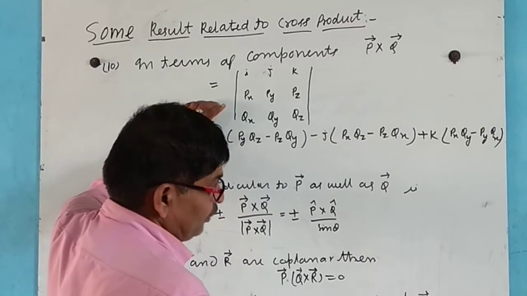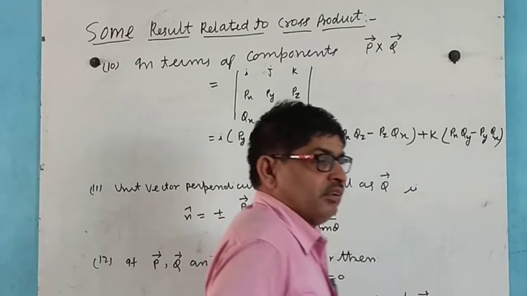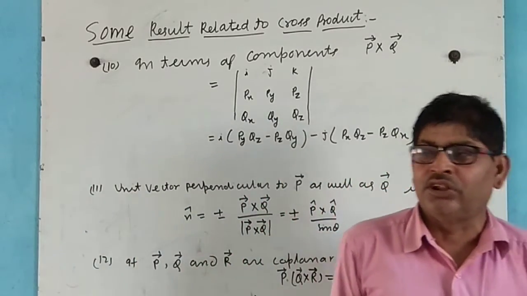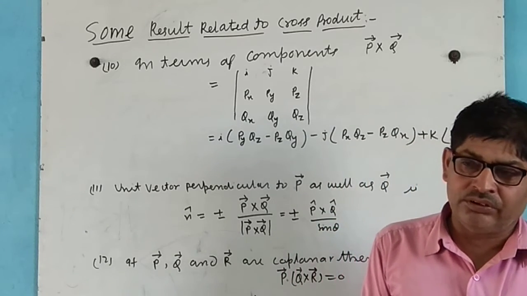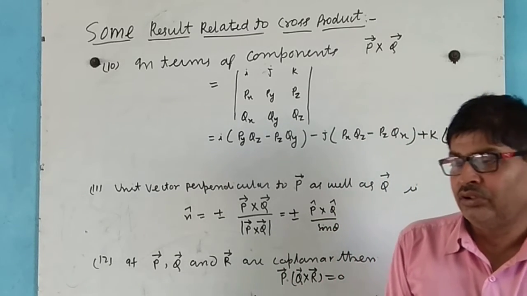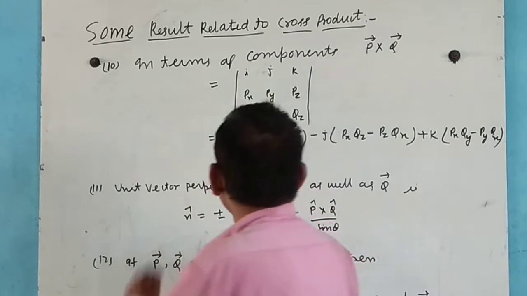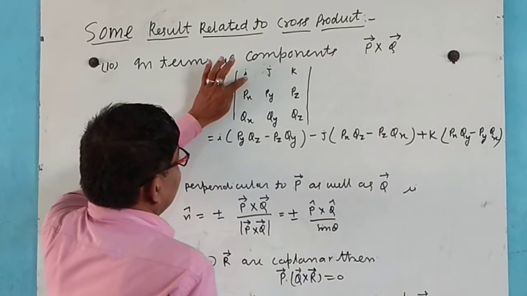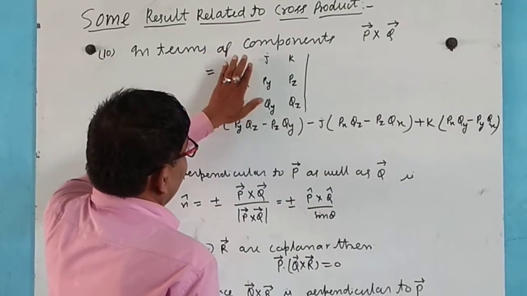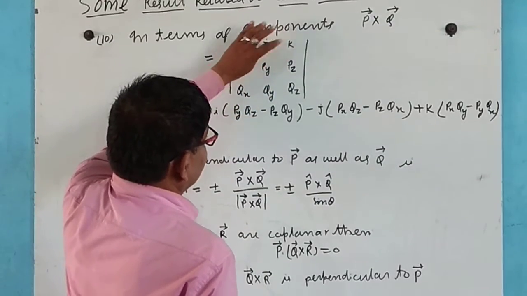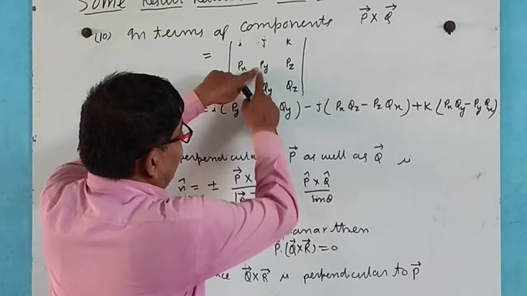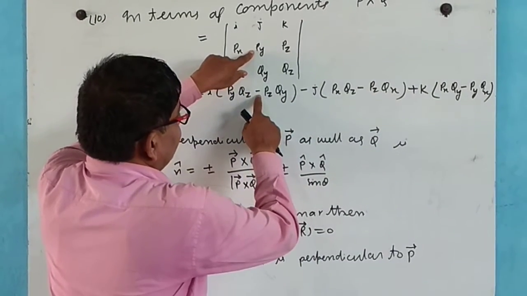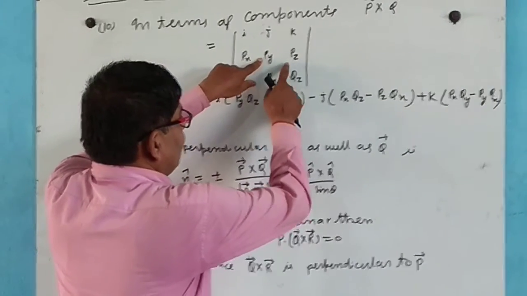This is a determinant, and we will study determinants after this video. Now we take i, remove this row and column, and by cross multiplication get Py Qz minus Qy Pz.